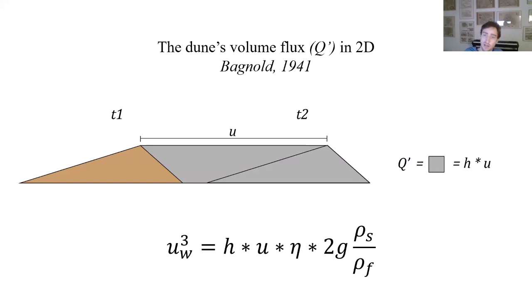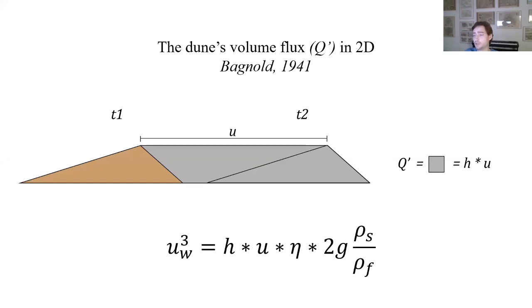And that derivation comes essentially from this sort of graphical consideration, where within a single time increment, a dune crosses through space this parallelogram of material that is directly proportional to its height as well as the speed at which it moves.